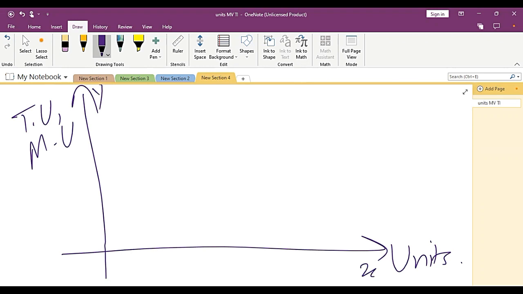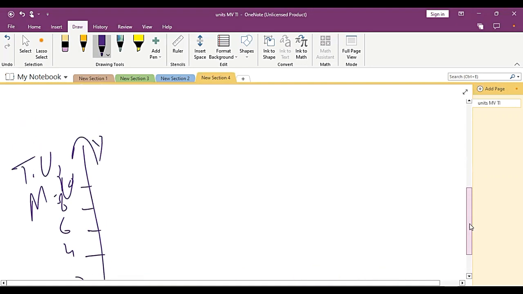This is the x-axis and this is the y-axis. The units are 0, 1, 2, 3, 4, 5, and 6. On the y-axis, let's say 2, 4, 6, 8, 10. So we are plotting the marginal utility first.